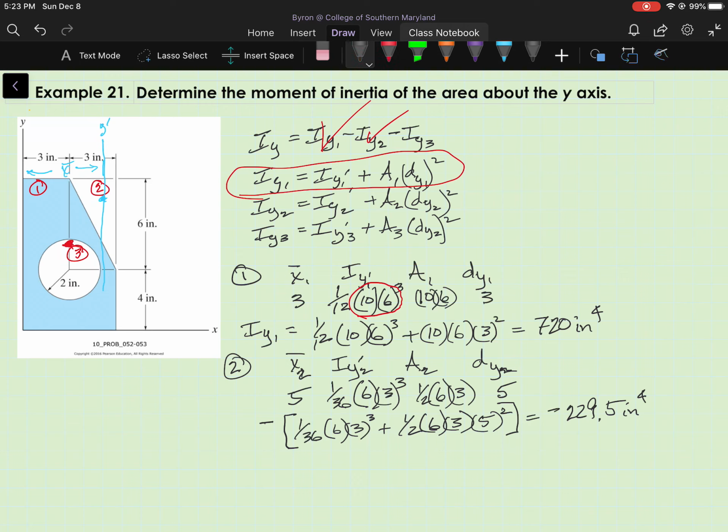Now we will do the circular area. And the same deal here.